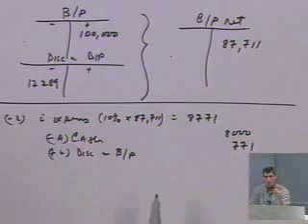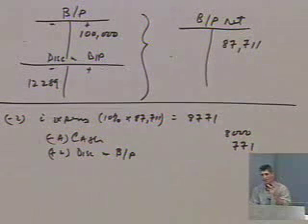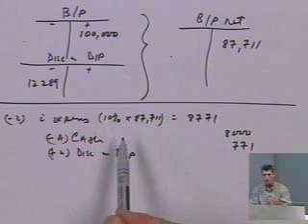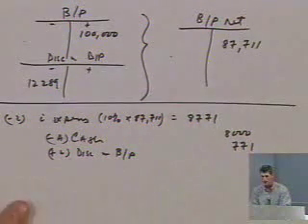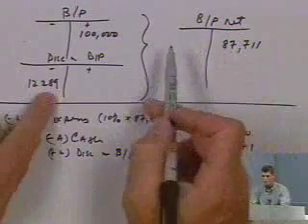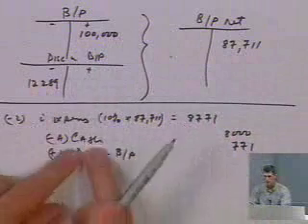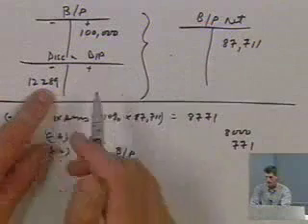Now, is that the answer? And the answer is no. The question's asking for the second payment. This is the first payment that we just did. So we need to go through a similar process to get to the second payment. For the second payment, we need to figure out, well, what is bonds payable net at the beginning of the second year? So we take this information and we adjust our T accounts.